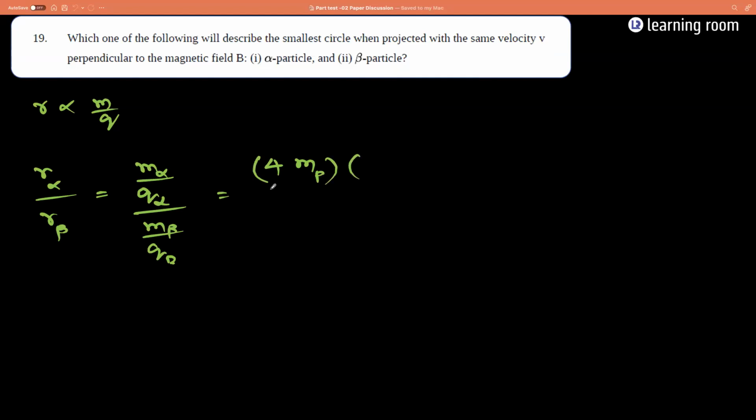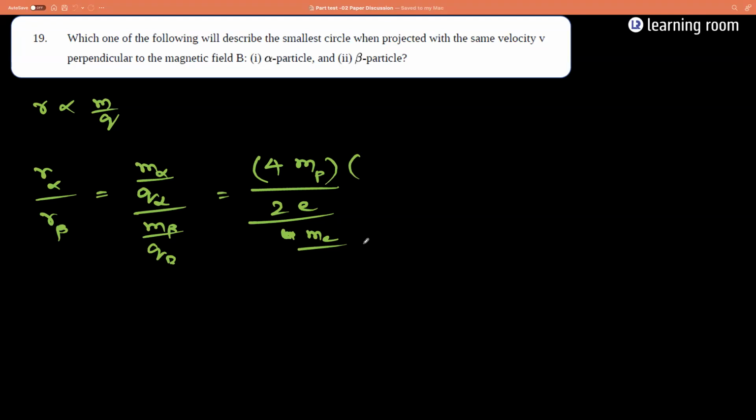What is Q alpha? 2 times proton charge, 2e, the whole divided by mass of beta. Mass of beta is equal to mass of an electron. Beta particle is basically an electron.